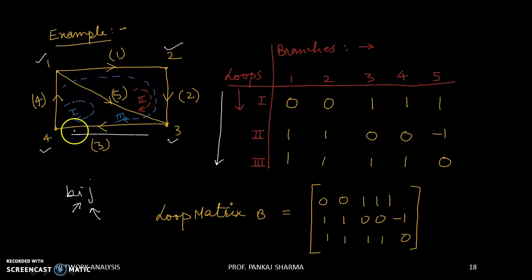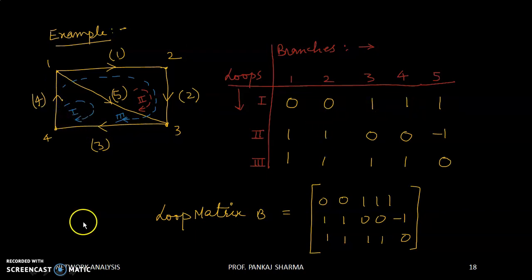Branch 3 is contained in loop 1, and the orientation of the branch is this and the loop is this. Orientation is the same, so it is 1. See this branch 4. Branch 4's orientation is upward and here loop 1's orientation is also upward, and it is contained in it too. In this way we have to construct our loop matrix B.